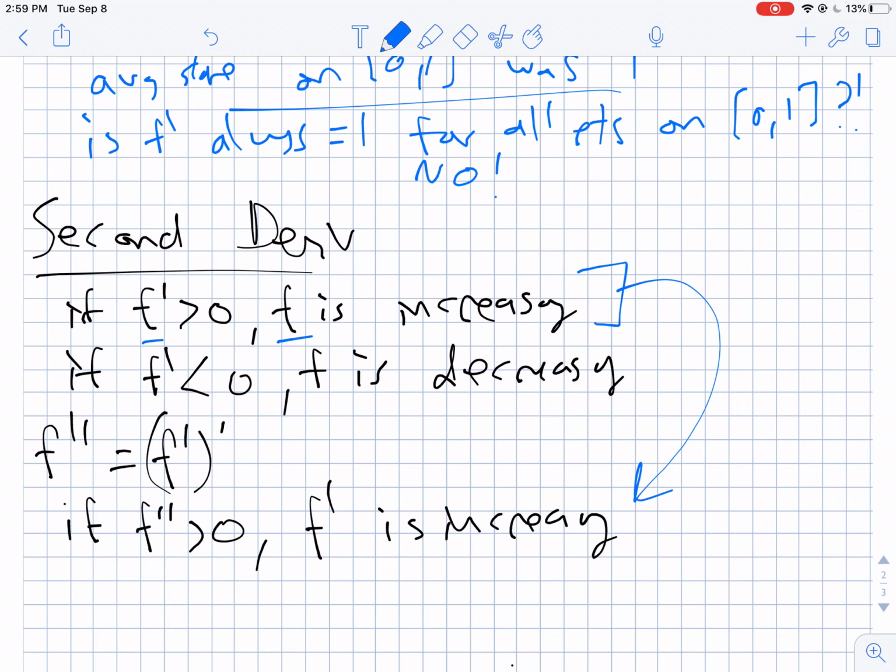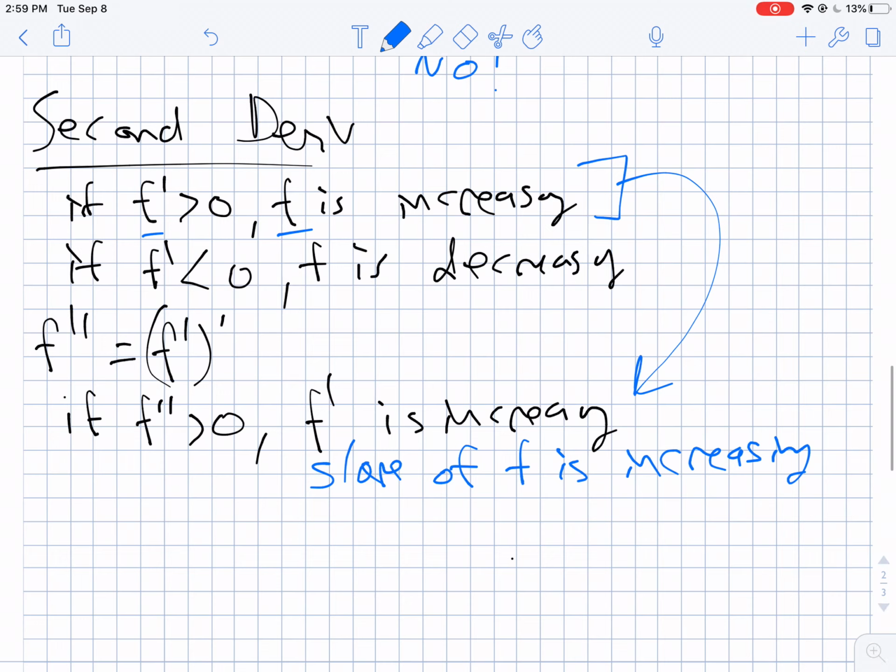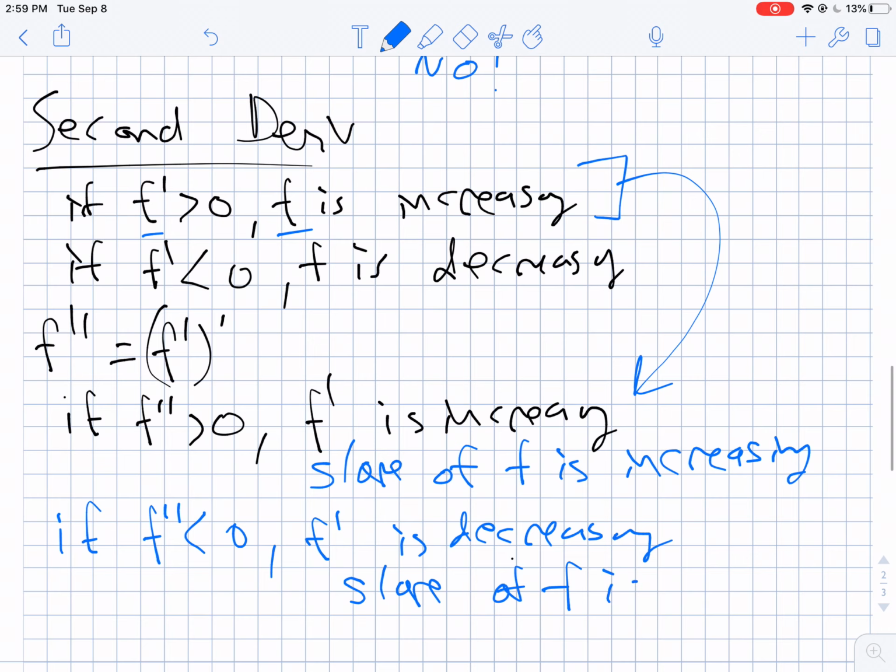So f prime is increasing when f prime's derivative is positive. Okay, so what that means is that the slope of f is increasing. If you take this one step further and look at the negative, if f double prime is negative, that means f prime is decreasing, which means the slope of f is decreasing.